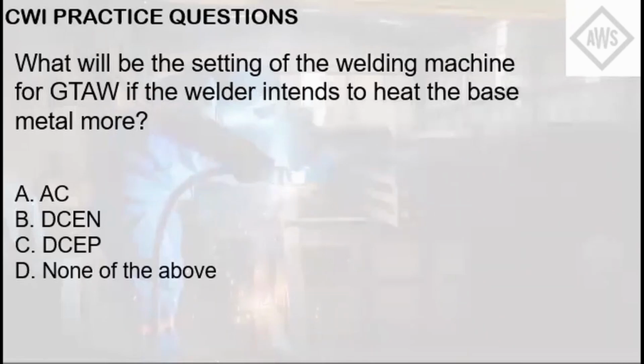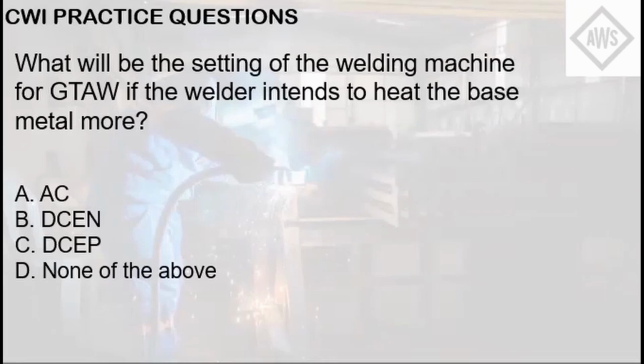If you plot the current, the electrode is not in contact, or it seems like it's not in contact with the metal for a very long period, much more like SMAW.